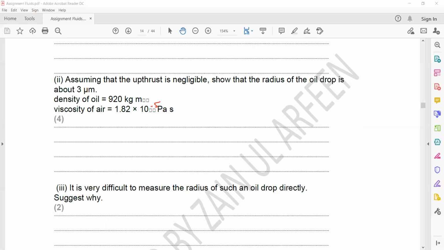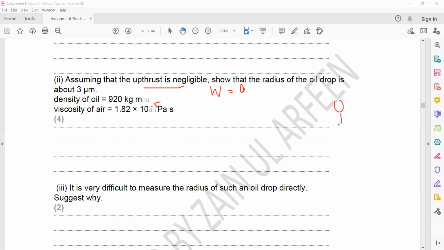You already worked out the velocity in the previous part. As it is falling with a terminal velocity, for a small object the upthrust can be neglected here. So we can say weight is equal to viscous drag, with no resultant force if upthrust is negligible.